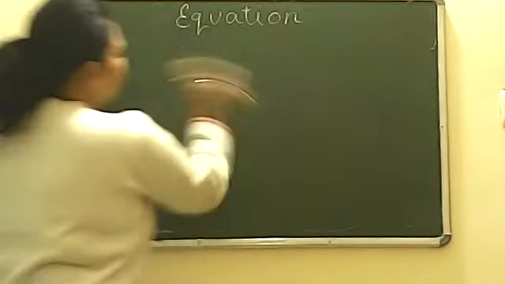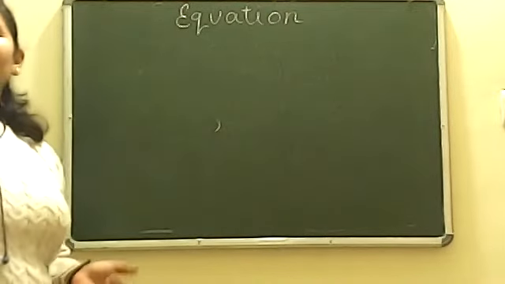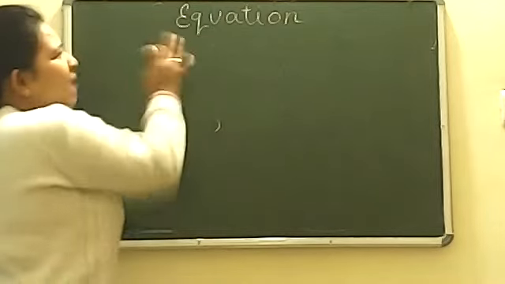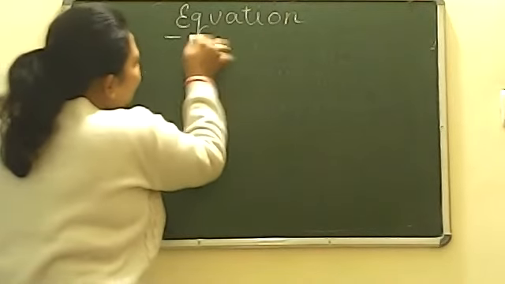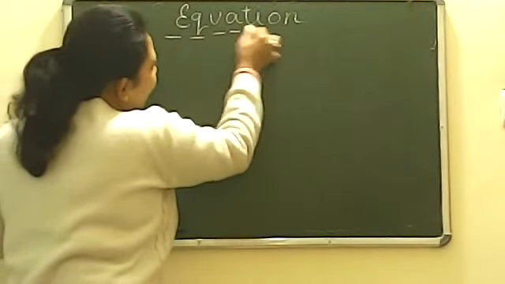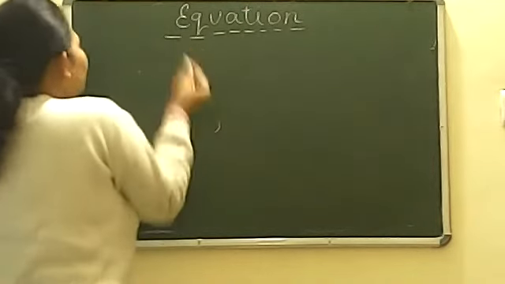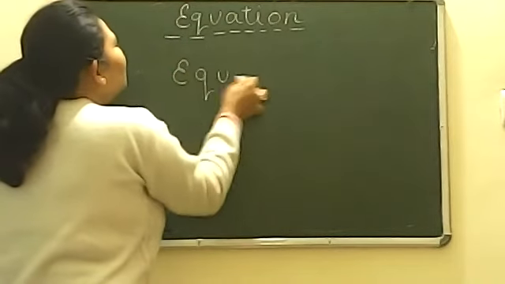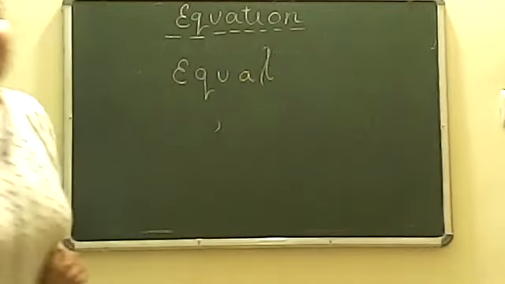Now I have just given you an introduction. Now understand how you will identify whether this is an expression or an equation. What is the spelling of equation? Just read it: E Q U A T I O N. I am writing one more spelling: E Q U A L, equal.